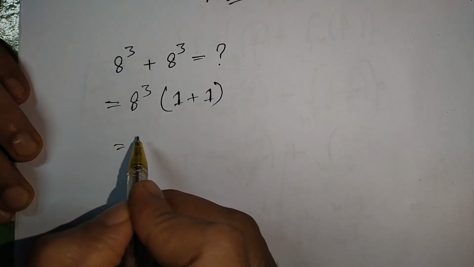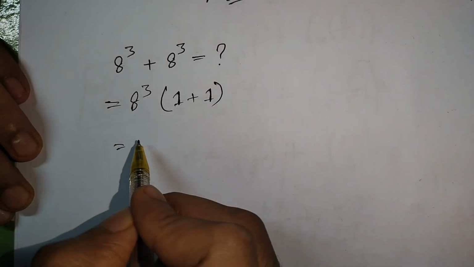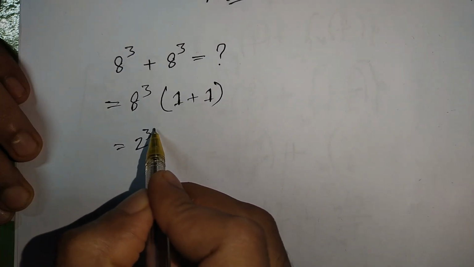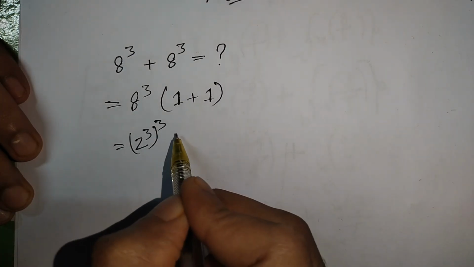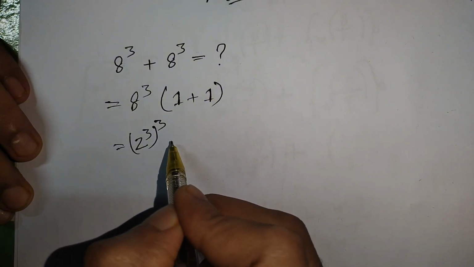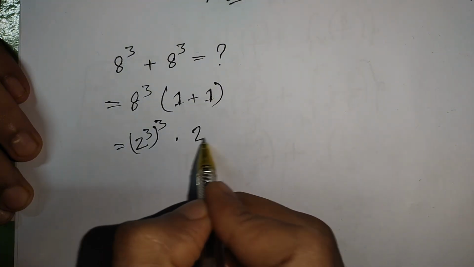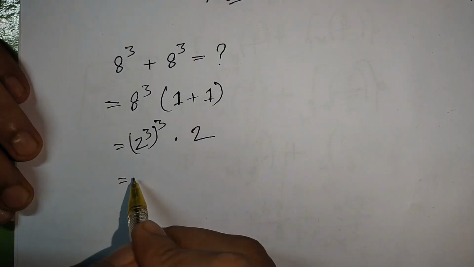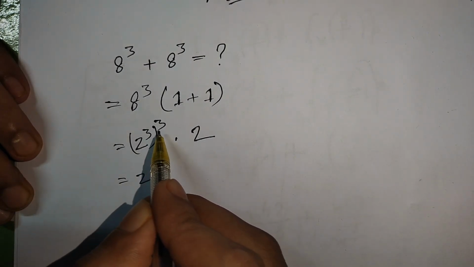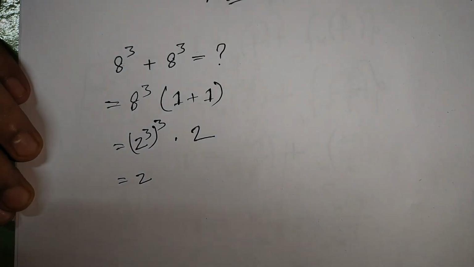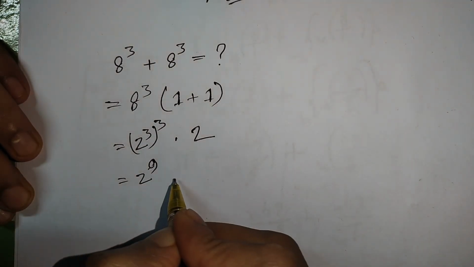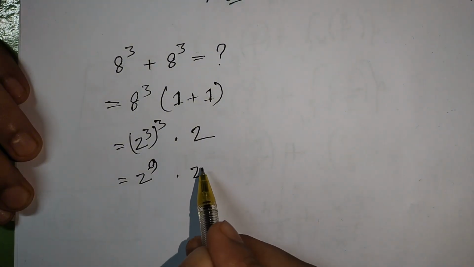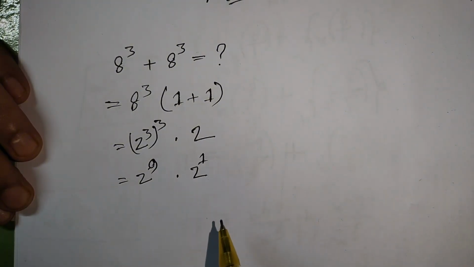Then 8^3 is the same as (2^3)^3. 1 plus 1, that means 2, is equal to 2^(3 times 3), that means 2^9, times 2. And 2 is the same as 2^1.